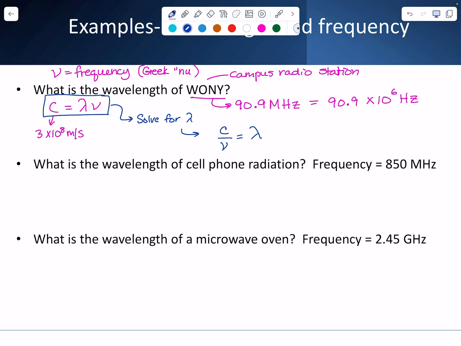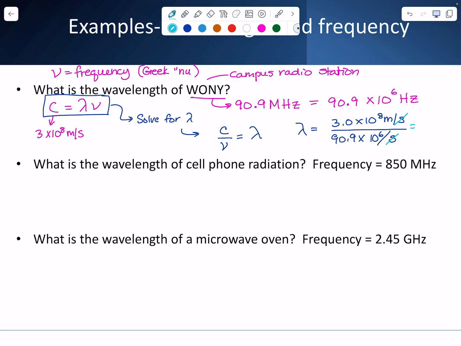So we've got 3 times 10 to the 8th meters per second divided by 90.9 times 10 to the 6th hertz. If I put that in units of per second, I have meters per second divided by per second, which means it flips, and the seconds cancel.